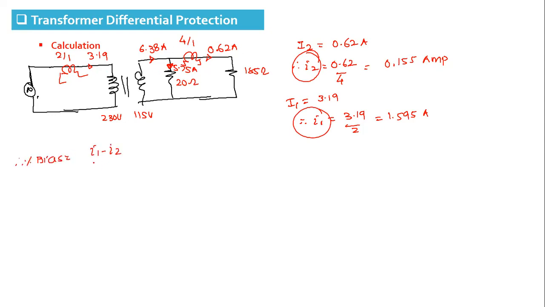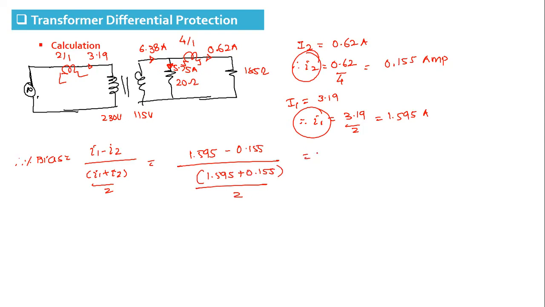it is I1 minus I2 upon I1 plus I2 by 2. So that comes 1.595 minus I2, which is 0.155, divided by 1.595 plus 0.155 by 2.